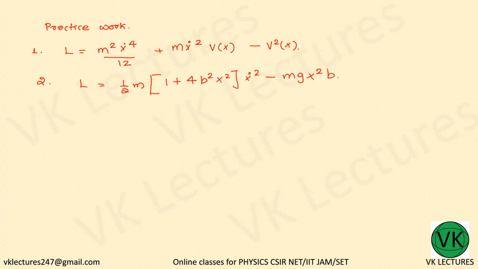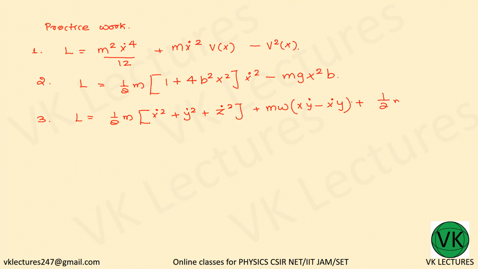So third, Lagrangian is equal to half m x dot square plus y dot square plus z dot square plus m omega into x y dot minus x dot y plus half m omega square into x square plus y square.